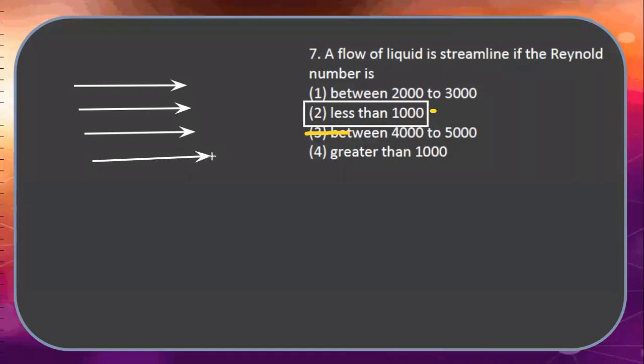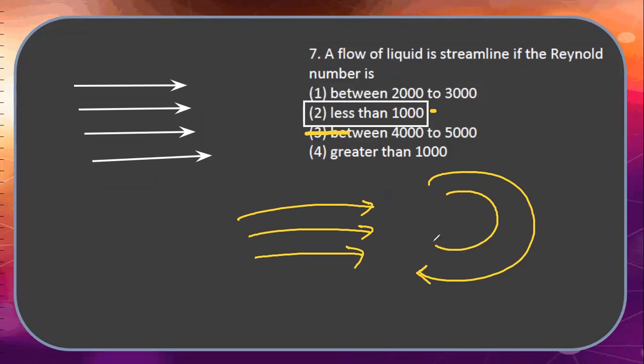This is called streamline flow. This is called uneven flow. And this is called turbulent flow. Turbulent means making turns. So if the Reynolds number is less than 1000, it is streamline flow.